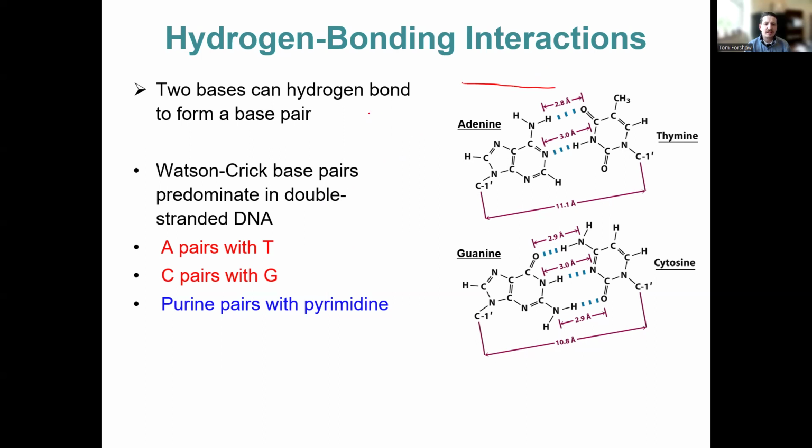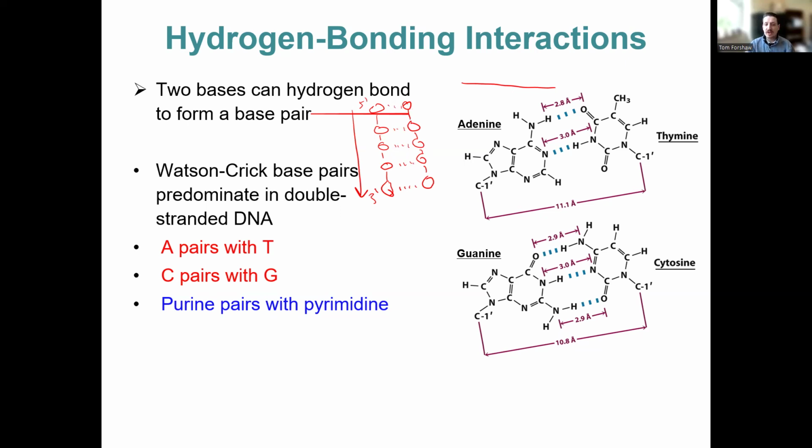Now recall that with the nucleic acids, you have the nucleotides joined together by that phosphodiester bond, and it runs from 5' to 3', and then it's going to be paired up with another strand, a different molecule, and these strands are going to interact. There are a few different interactions that occur.